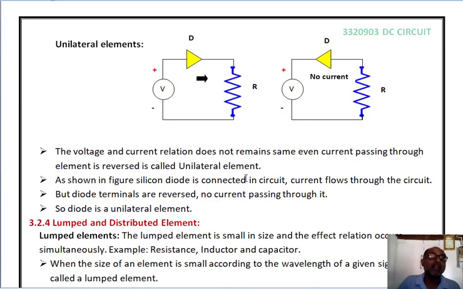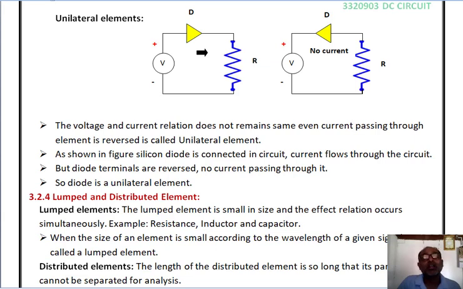Now the unilateral element. In the above figure or circuit we are connecting one diode. It is in series between the voltage source and the resistance. Here you can say that there are two figures. In the first, the anode of this diode is connected to positive and the cathode is connected to negative.